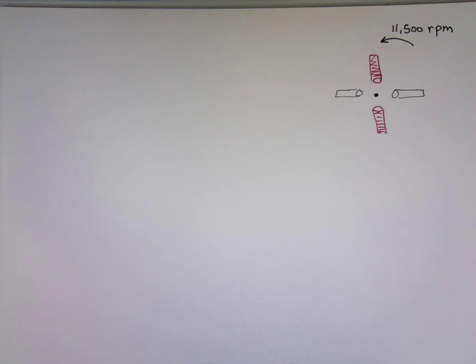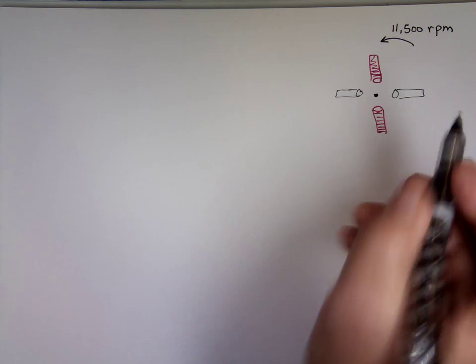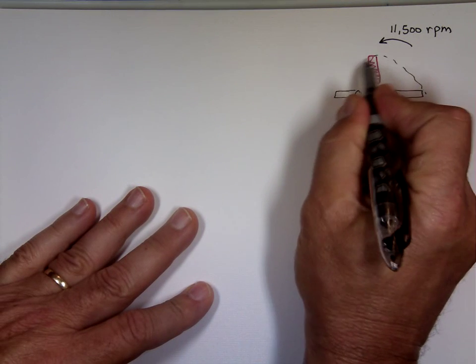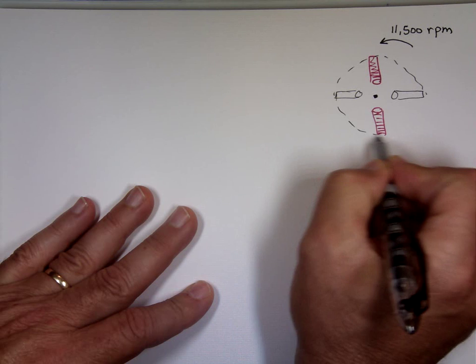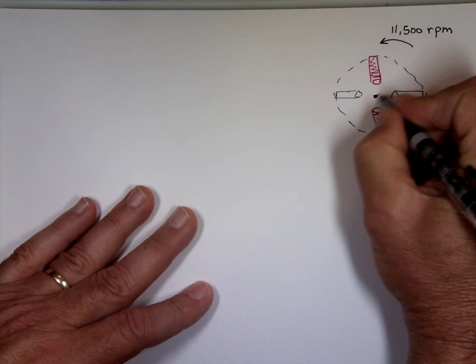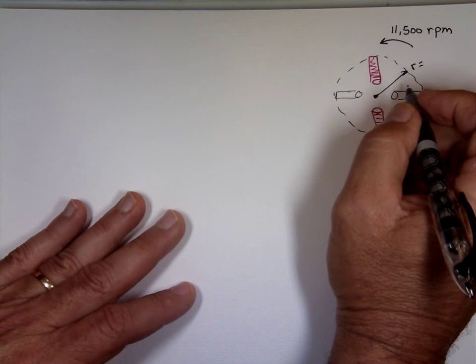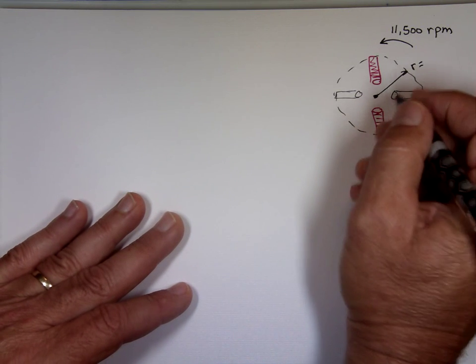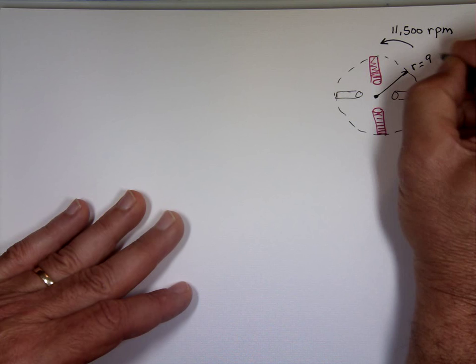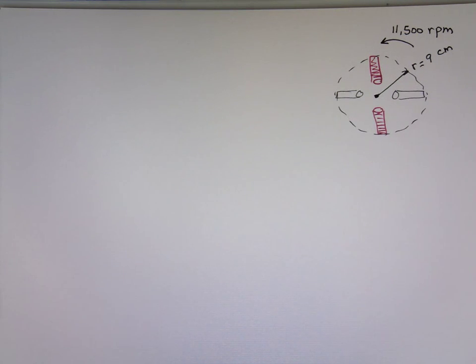And the radius from the center to the edge of that centrifuge, because it's spinning like this, that radius here is just, let's go 9 centimeters. It's good enough. 9.0.